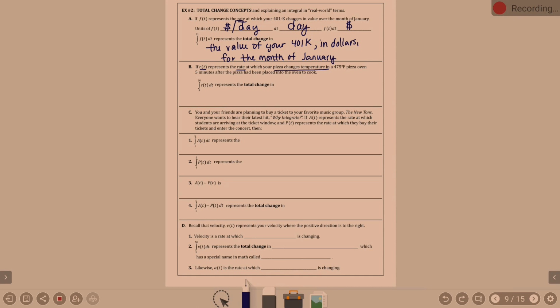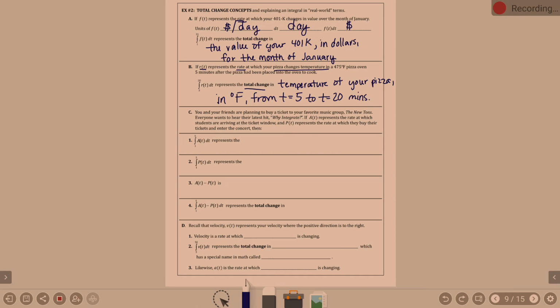So this represents the total change in temperature of your pizza in degrees Fahrenheit from T equals 5 to T equals 20 minutes.